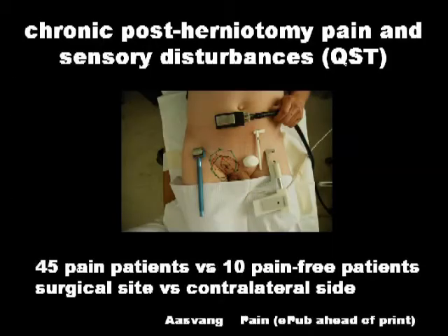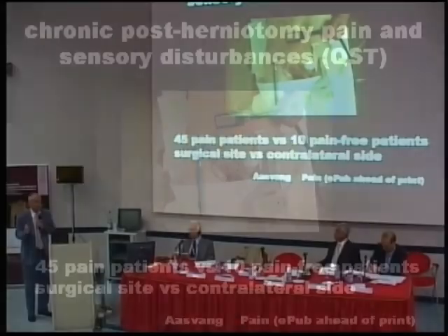So we did this study, and you can in fact find it on the website of the Journal of Pain now. And we took 45 patients with really severe chronic pain from the Danish hernia database and compared it with 10 pain-free patients. Some of these also had bilateral herniorrhaphies where they only had pain on one side.